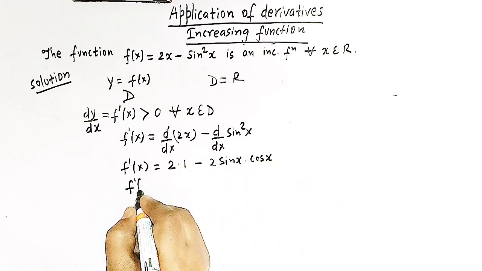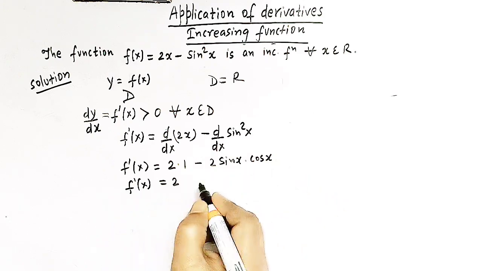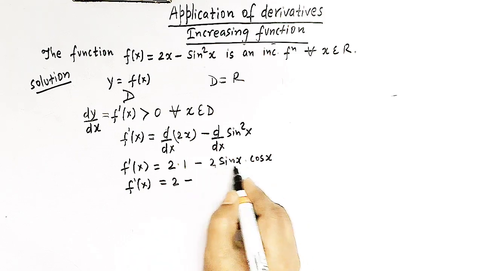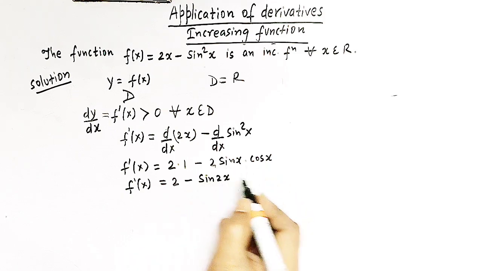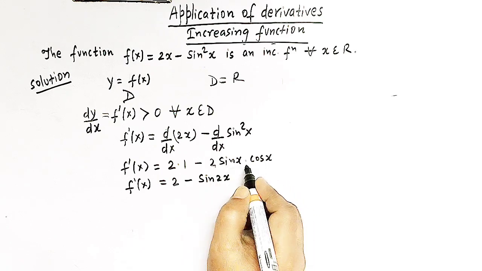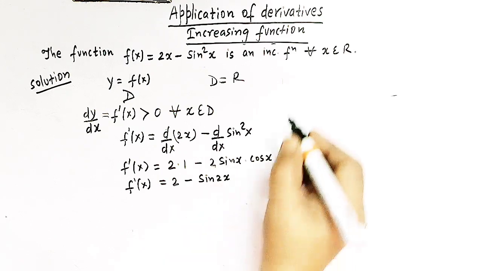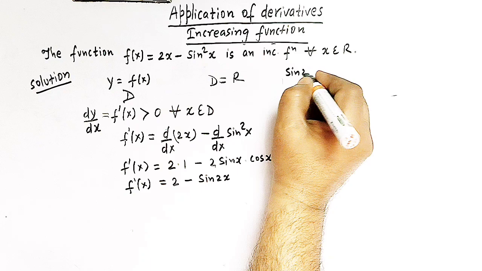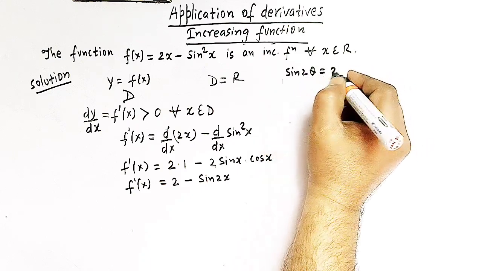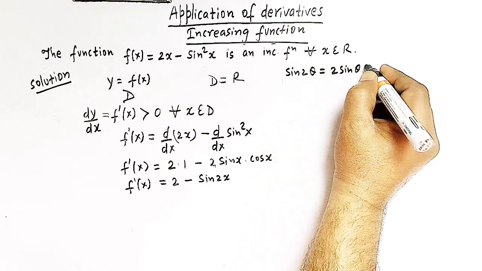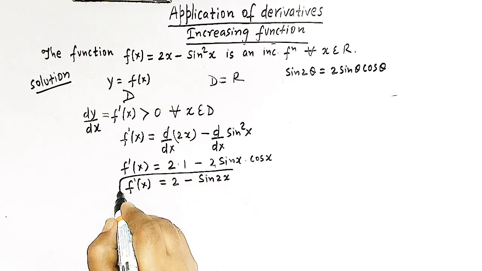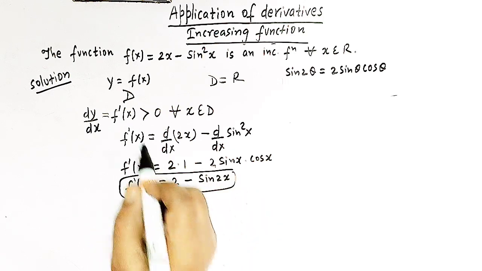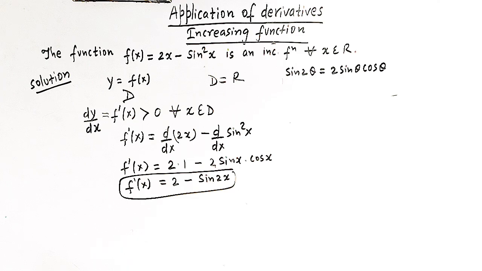So f prime of x is equal to 2 minus 2 sine x cos x, which is sine 2x. This is the double angle formula, because we know sine 2 theta is 2 sine theta cosine theta. So this is the expression for the derivative of the function f of x.